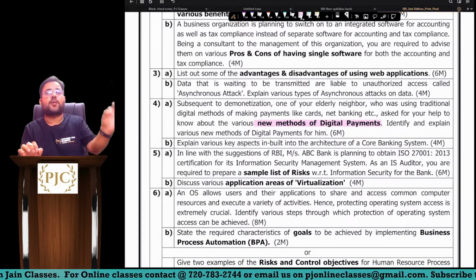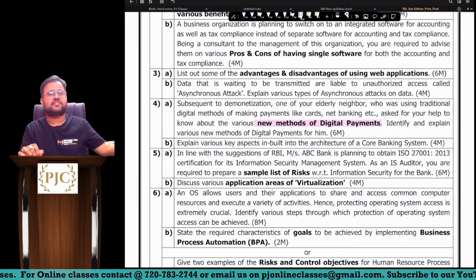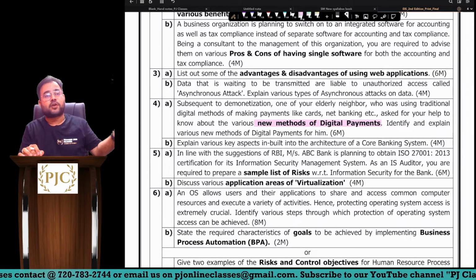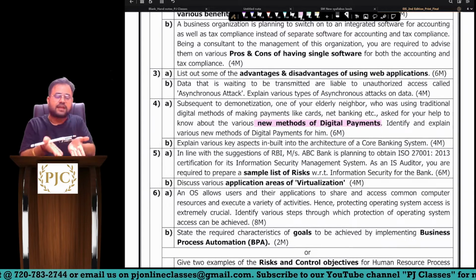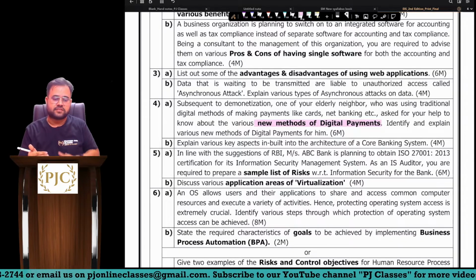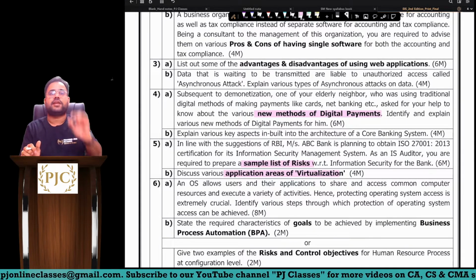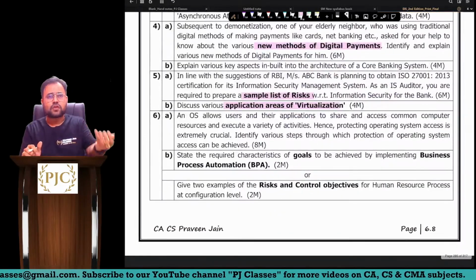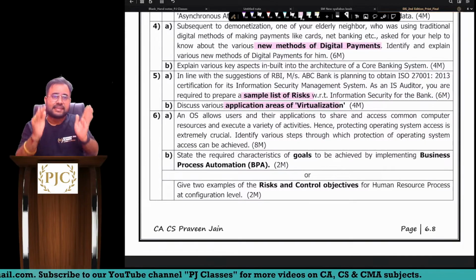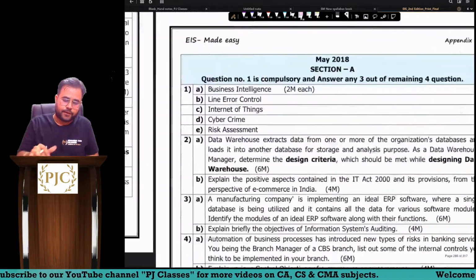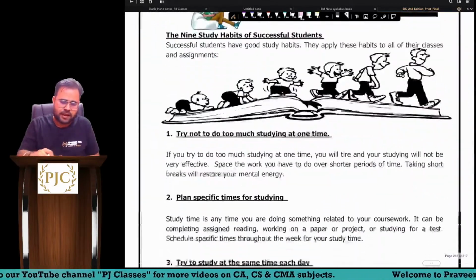So you have to talk about new methods of digital payment. Just now we have seen UPI based, Aadhaar enabled payment services. So we talked about cryptocurrency. Just now we have seen that is the answer they are talking about for 6 marks, sir. So I have ensured that for the entire thing I am putting it in this highlighted manner, sir, so that you will understand exactly this is the question, sir. Okay. So this I have done for the entire chapter.